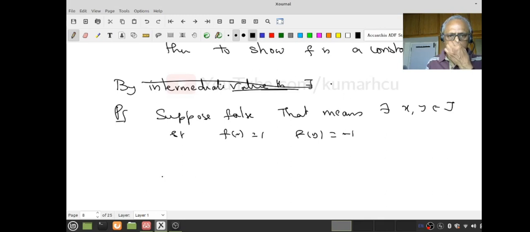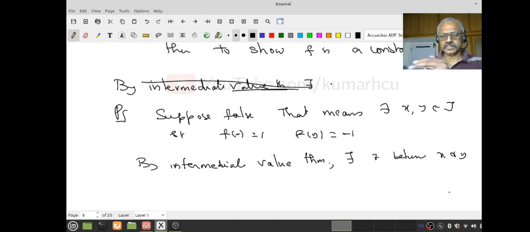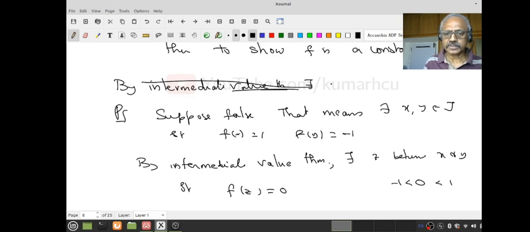Now, by intermediate value theorem, there is a z between x and y. If x is less than y, x is less than z less than y, or y less than z less than x, so that f of z must be 0, because 0 is a value between minus 1 and 1.